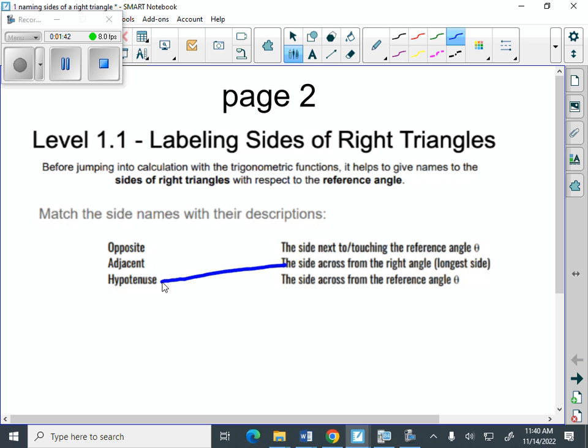The side across from the reference angle is our opposite, which means that the side next to or touching the reference angle is the adjacent.